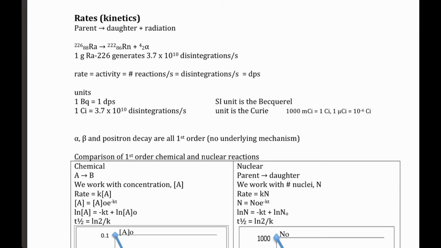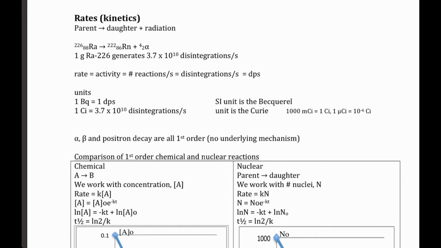So now we'll get into rates of nuclear decay. So we have a parent, as it's often called, an unstable isotope that undergoes a radioactive decay process, producing a daughter and radiation, the alpha, the beta, the positrons.